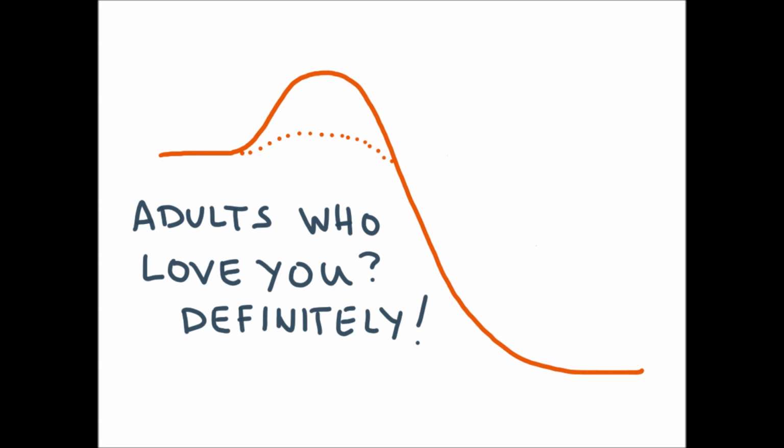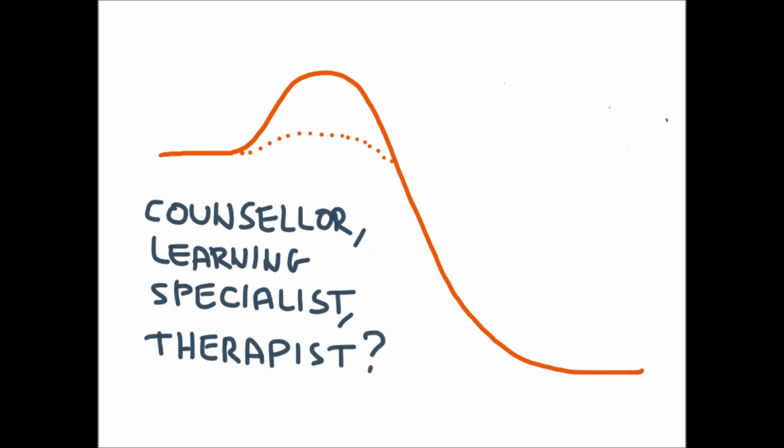People to help you make these transitions. Other people, counselors, Krissa, Jeremy, your advisor also could be such a person. Learning specialists, who are here. Therapist, they can afford one. Why not? Definitely. People who can help you make transitions.